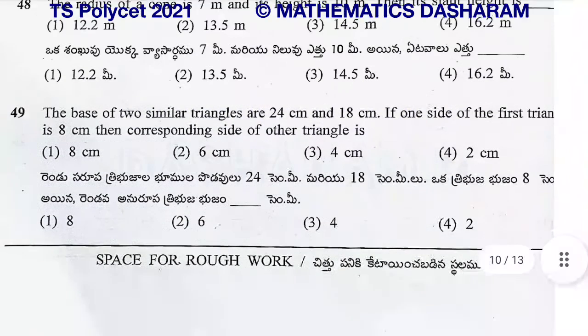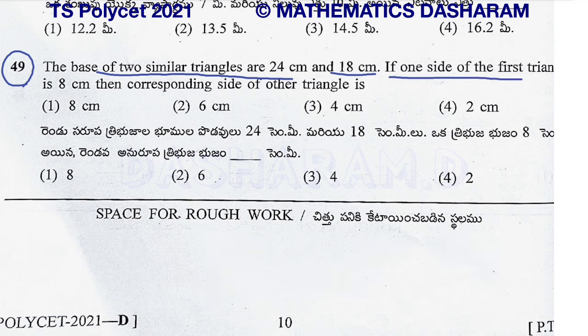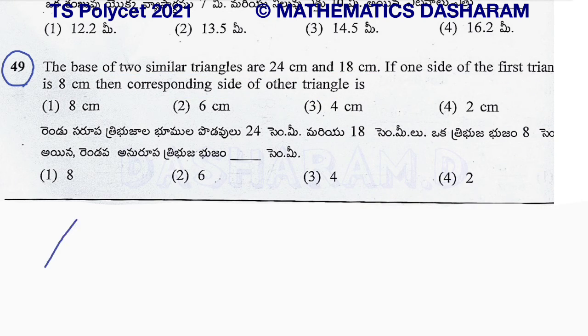Next question number 49. The base of two similar triangles are 24 and 18 centimeter. If one side of the first triangle is 8 centimeter, then the corresponding side of other triangle is. So let us draw two similar triangles. So here ABC, next to DEF.